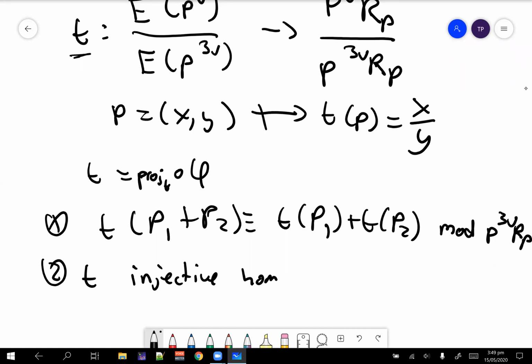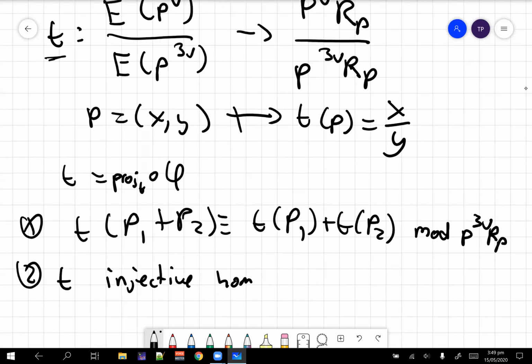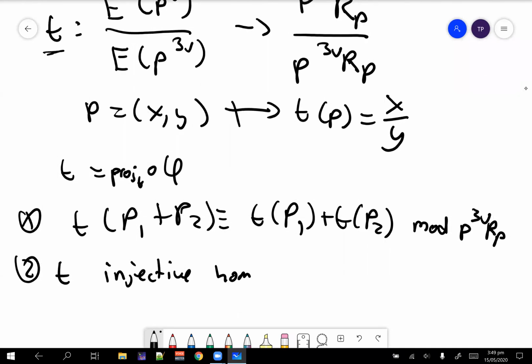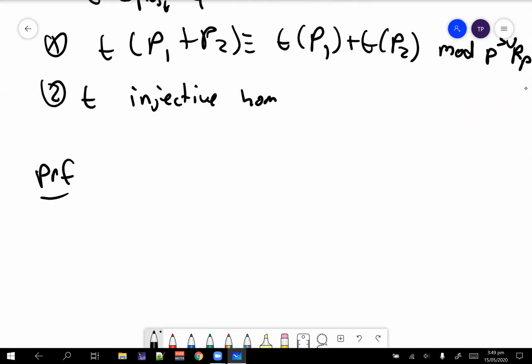Again, I'm just going to speak this proof. I think I'm not going to write anything. So if you recall from the previous theorem, if we have two points, P1 and P2, inside E of P to the V, then, well, okay, I lied. I'm going to write something.